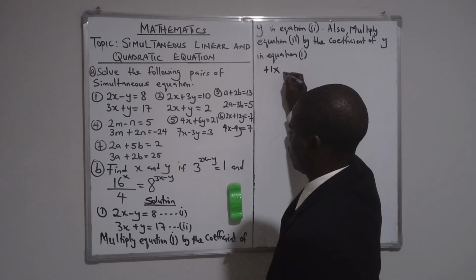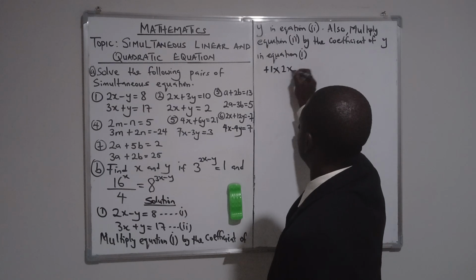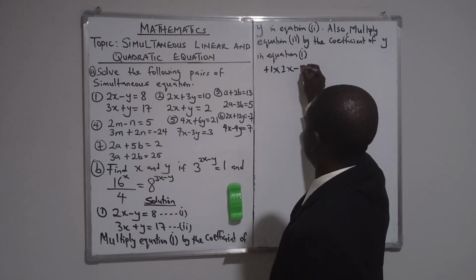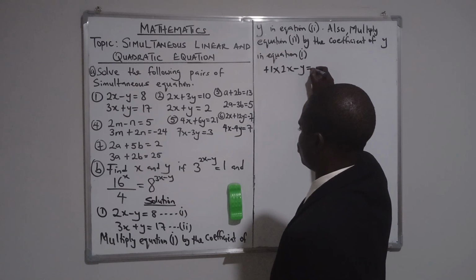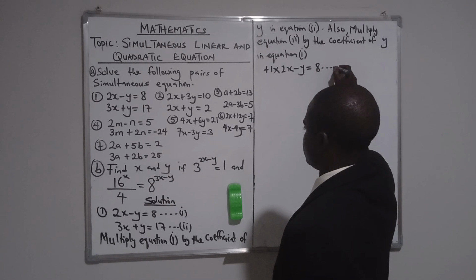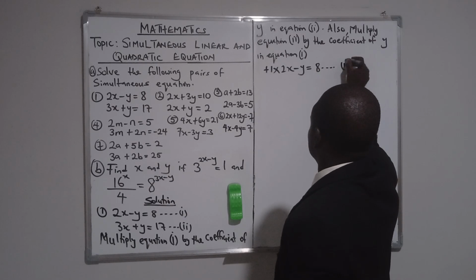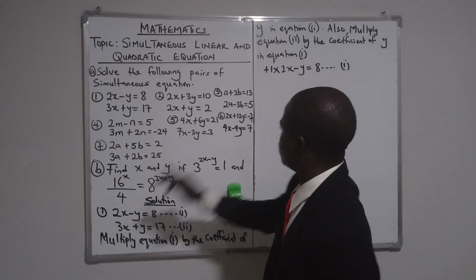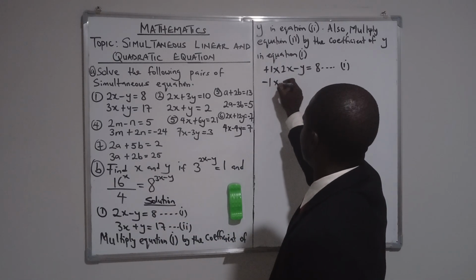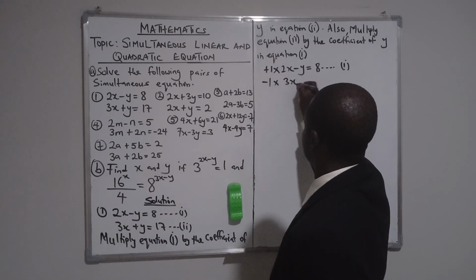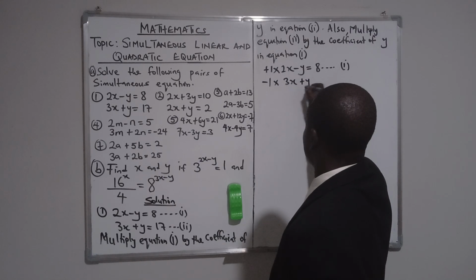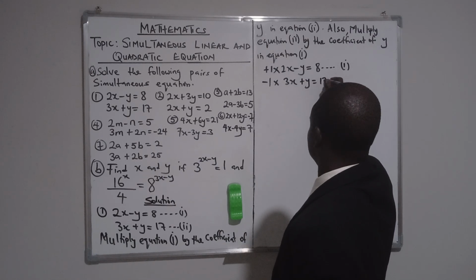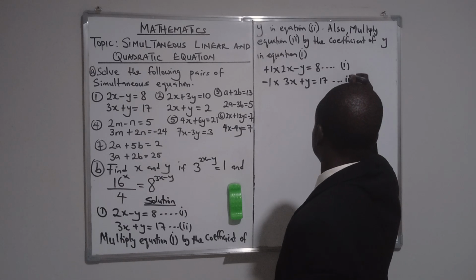+1 times 2x minus y equals 8. That's equation 1. Minus 1 times 3x plus y equals 17. Equation 2.